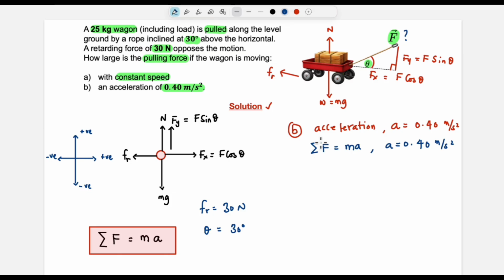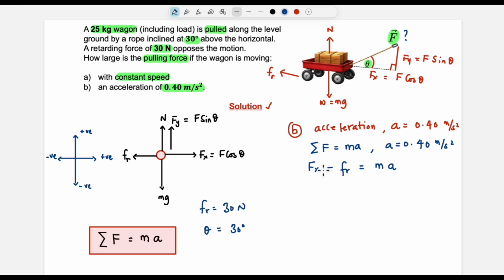Now let's look at the forces that are acting on this object horizontally. So we go back to our free body diagram, where we see that Fx is to the right, so positive, minus the retarding force to the left, so negative, equals the mass of the wagon and the load times the acceleration produced.